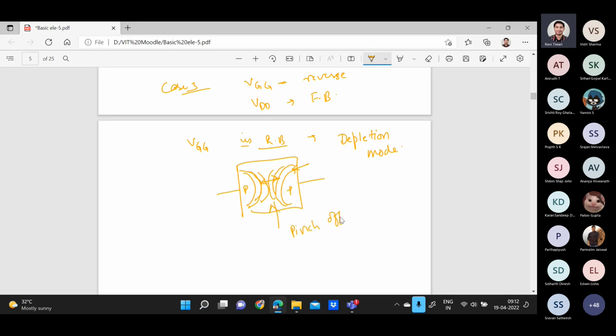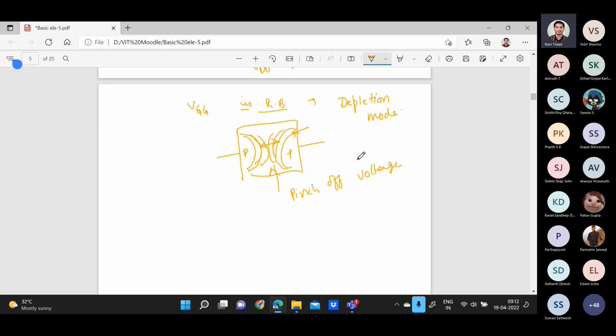Pinch off. And since the gate voltage is controlling the drain current, as you know, if we apply the VGS, this gate voltage is controlling this process. That's why the FET is called a voltage controlled device. Voltage controlled device. That is the first thing that is very important.